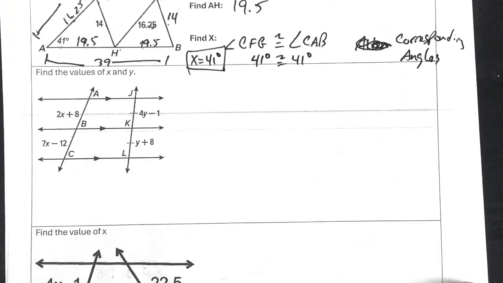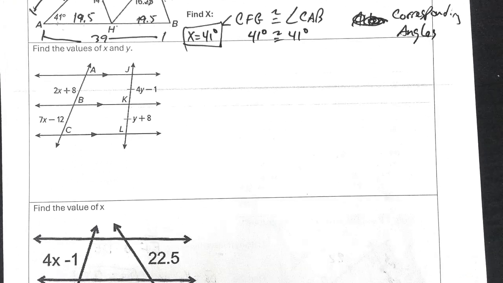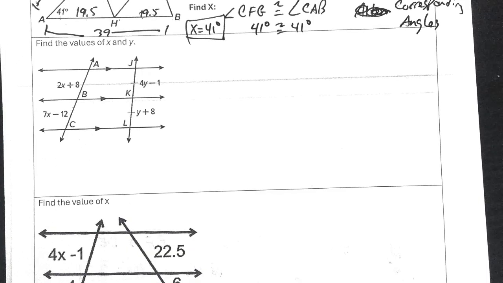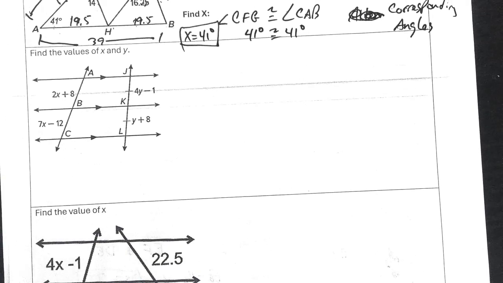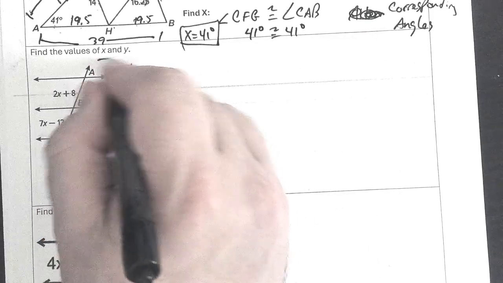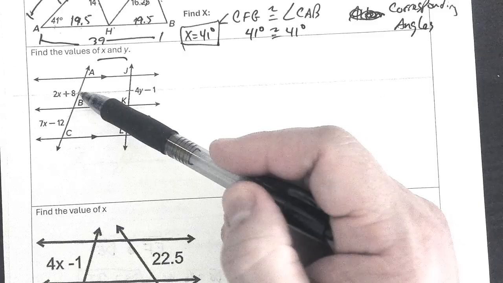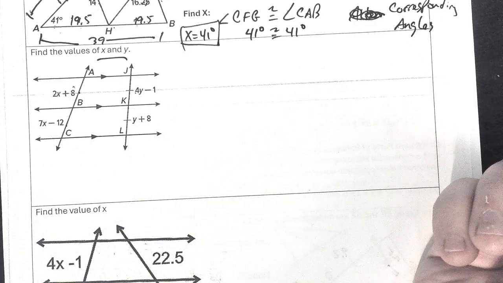Gonna do the next one, and the bottom I'm gonna leave for you guys. It's going to be straightforward just like we've been doing, so you should have no problems. So find the values of x and y. Now remember, we can't find these guys together, so we have to find them separately. You'll notice x's are together, y's are together.